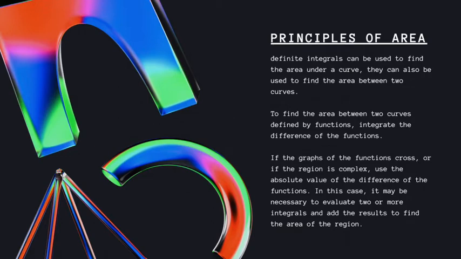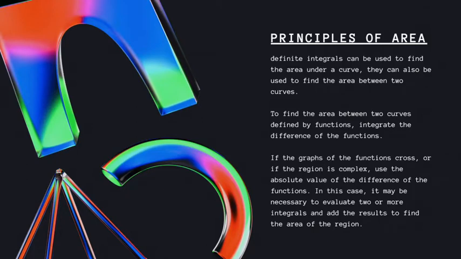The principles of area: definite integrals can be used to find the area under a curve. They can also be used to find the area between two curves. To find the area between two curves defined by functions, integrate the difference of the functions.